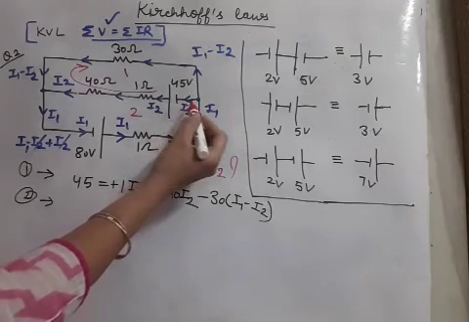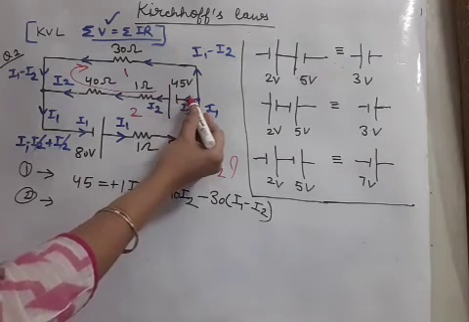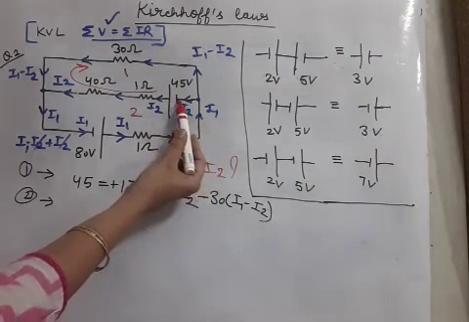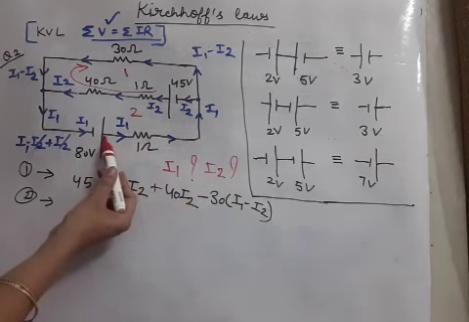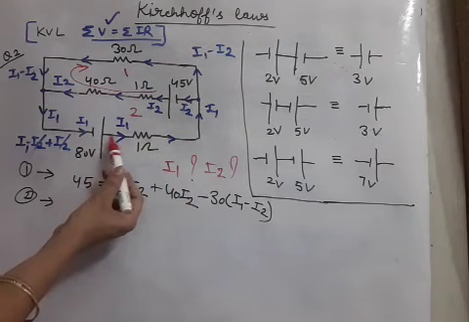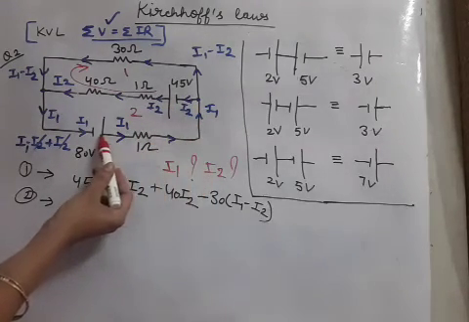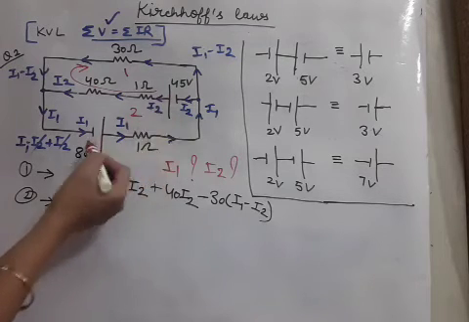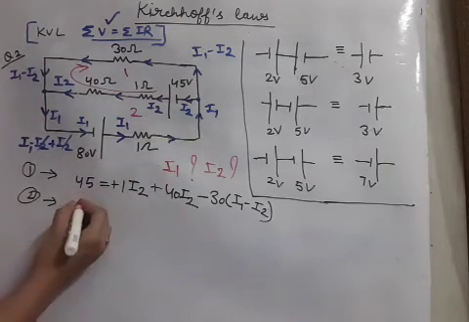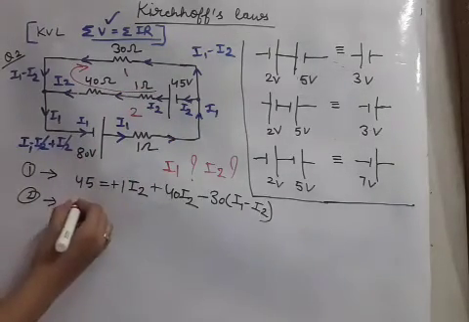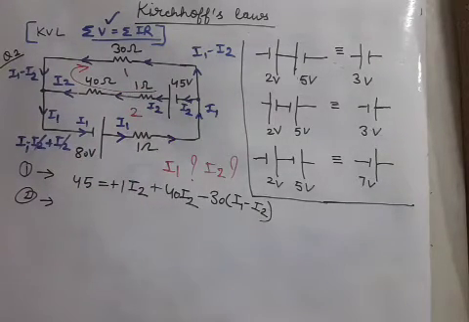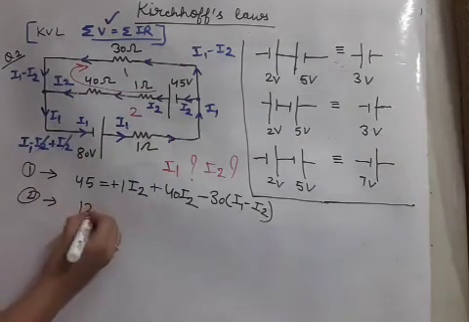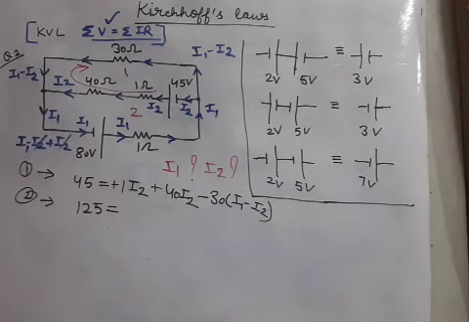So we have to check their common terminal. Negative of this battery, you see, is connected to positive of this battery. And when negative and positive are connected with each other, that means opposites, batteries are added. So 45 plus 80, that means we have to write for the voltage total 125.